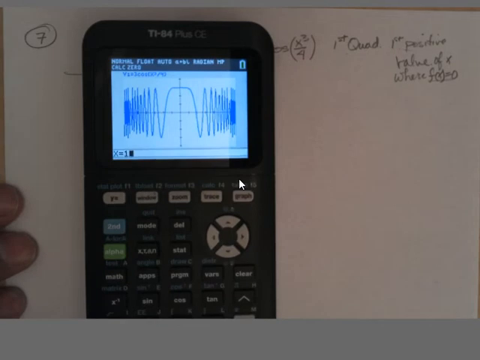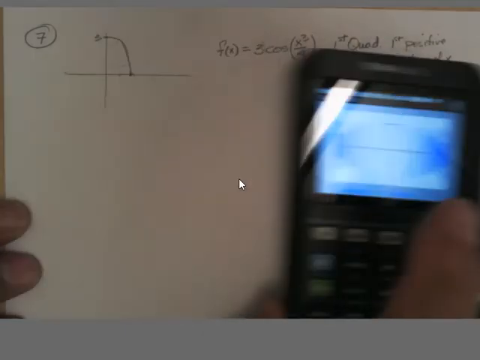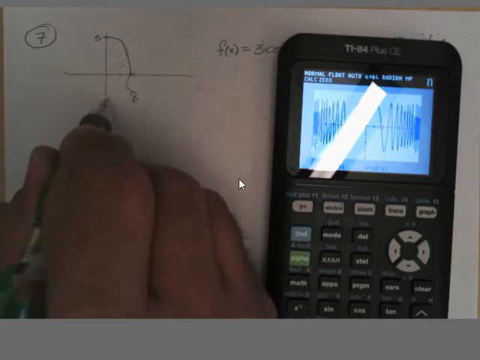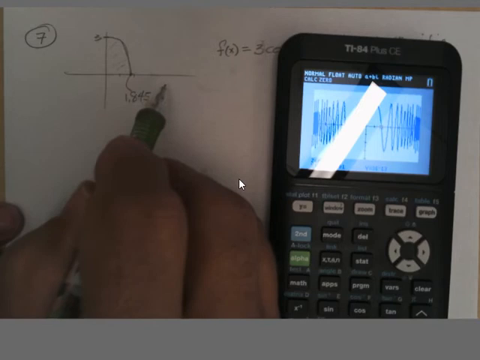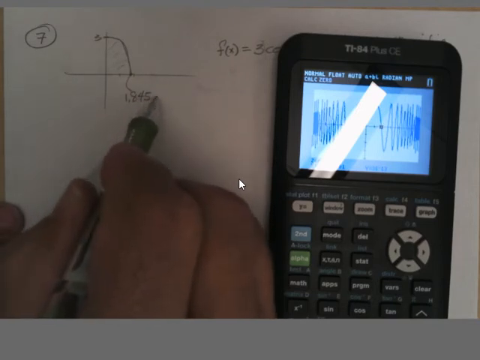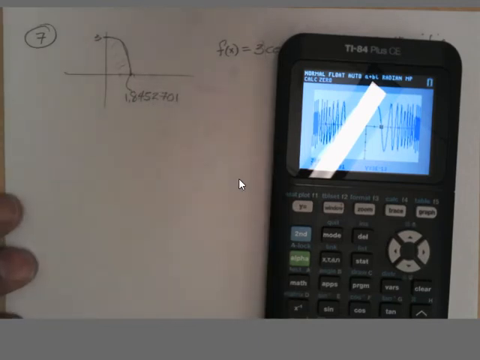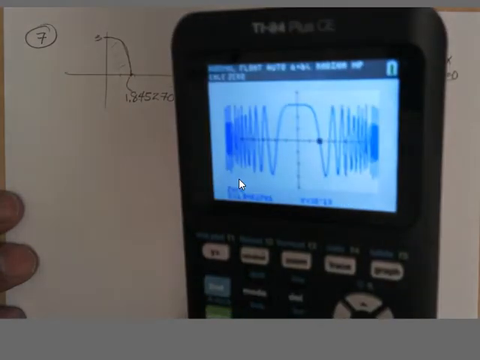I'm going to say 1.9, and it says, no, you silly, it's 1.8452701. I don't know if I'm going to need that much accuracy, but just in case the book wants that accurate, I'll put that in. In fact, that is my x value.